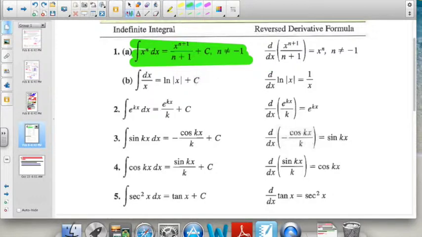So let's try this. Find the antiderivative of 2x cubed dx. What's your new power? We know we can bring out the 2. That's our properties we learned in chapter 5. What's the new power I need for the antiderivative? 4. My new power is 4, right?